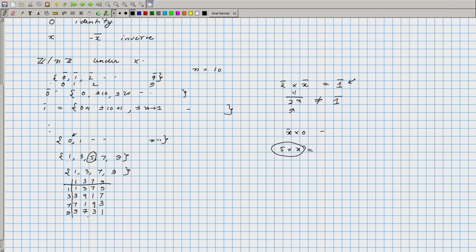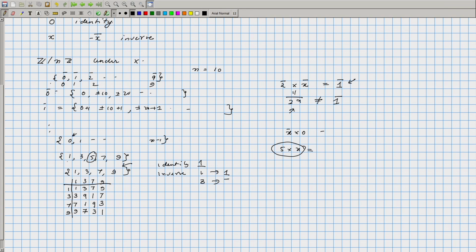Okay, so, we get a multiplication table, and from this table we can infer that all the properties that were required of the group are basically true. So, this has an identity which is 1, and inverses are also there. Namely, the inverse of 1 is itself, and of 3 is going to be 7, since 3 into 7 is 1.